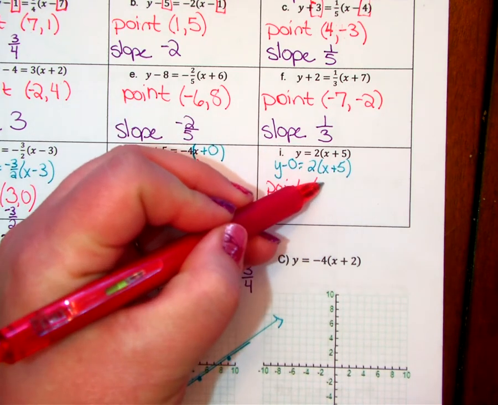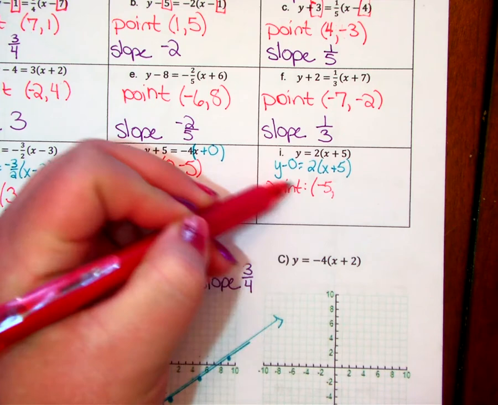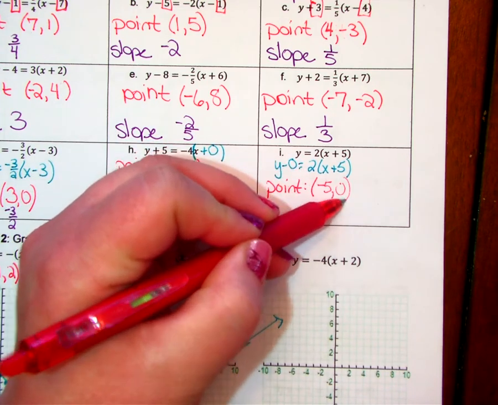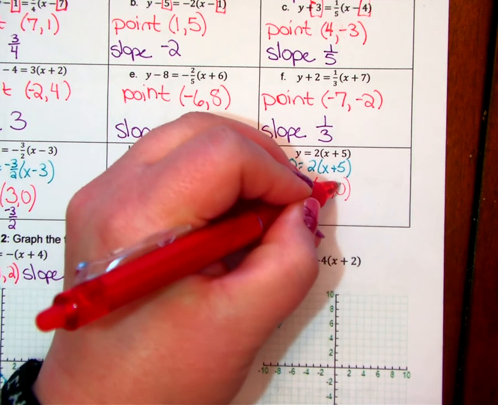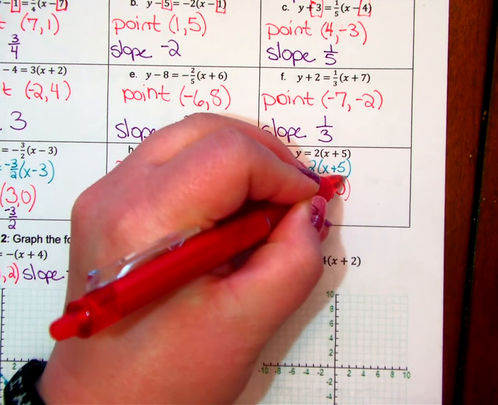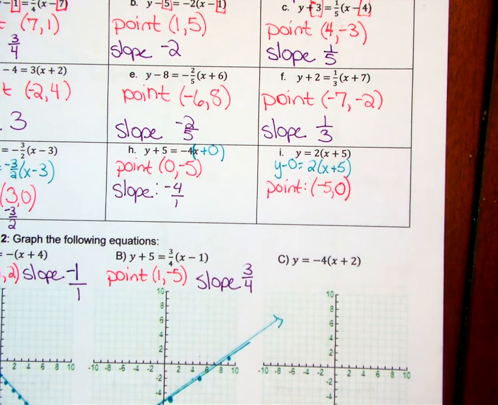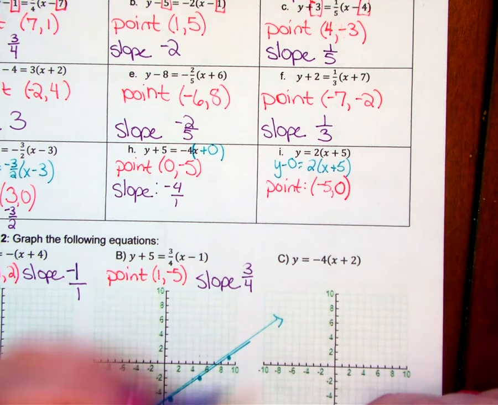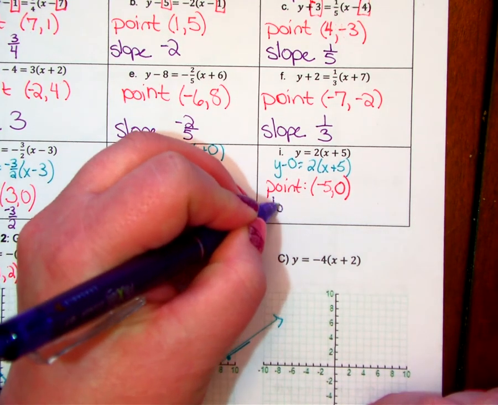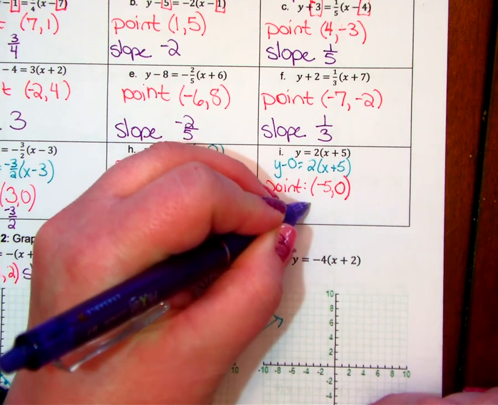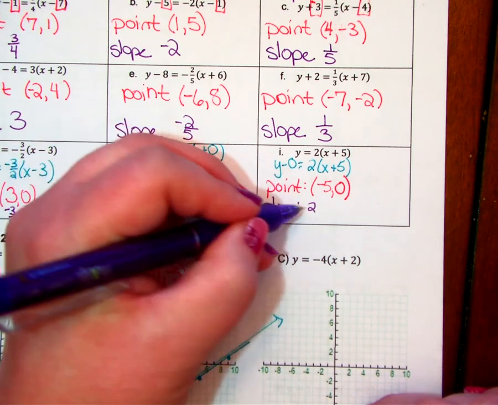Opposite of what it appears to be, and 0. See if I can make that a little darker for you guys. There you go. Okay. The slope is found in front of the parentheses, and it's just 2, or you can write it as 2/1.